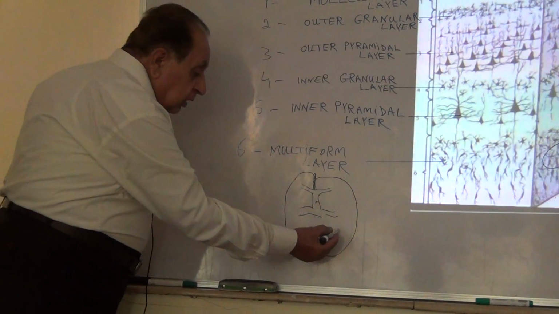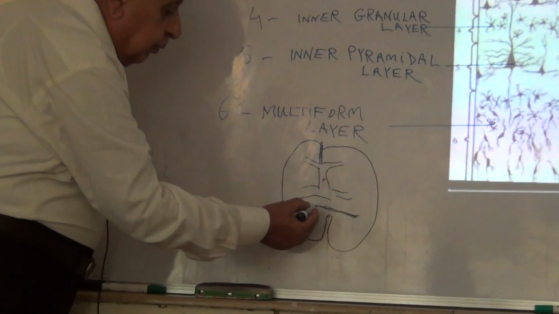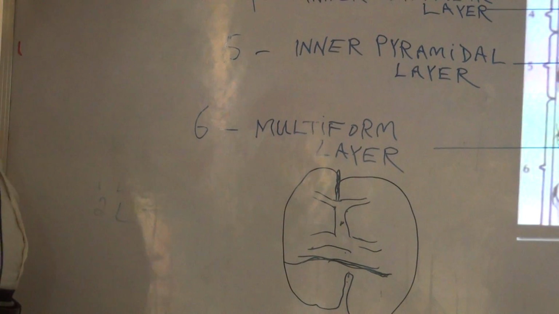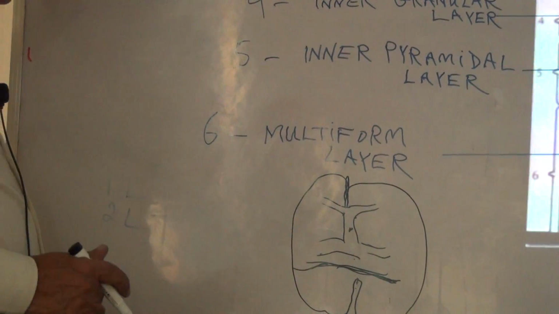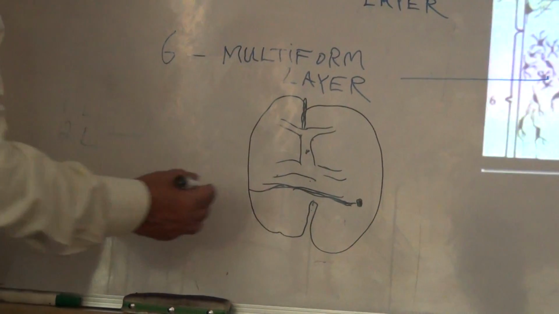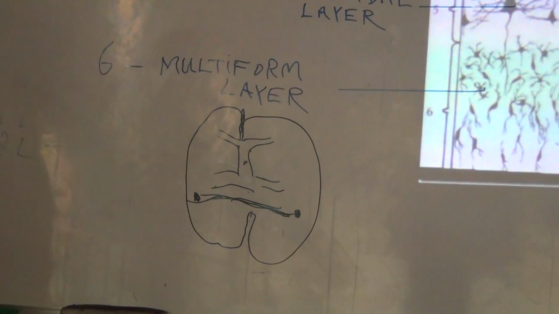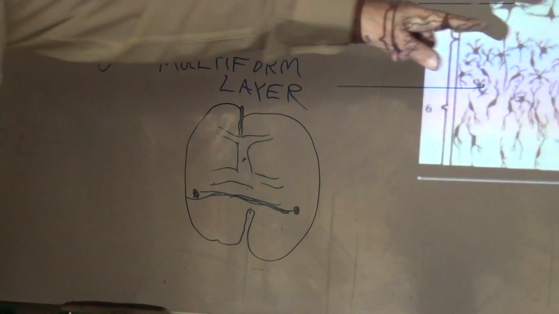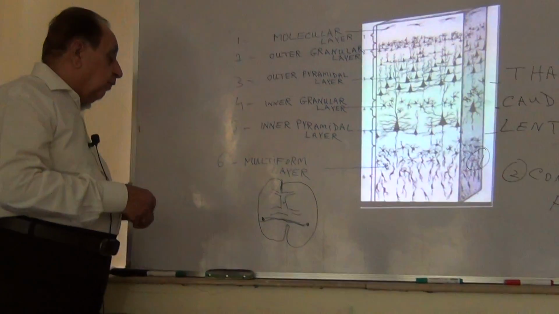So in it, these fibers cross from one cerebral hemisphere to the other, from the right hemisphere to the left hemisphere, from one side of the right hemisphere to the same side of the left cerebral hemisphere. These type of crossing fibers are called commissural fibers.